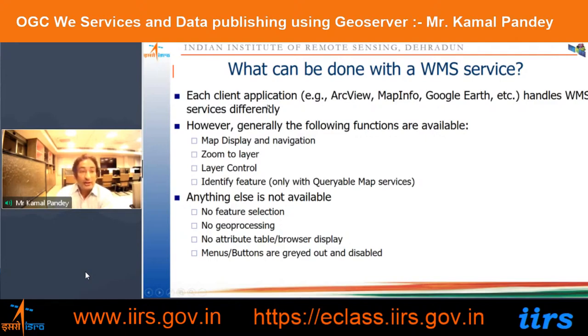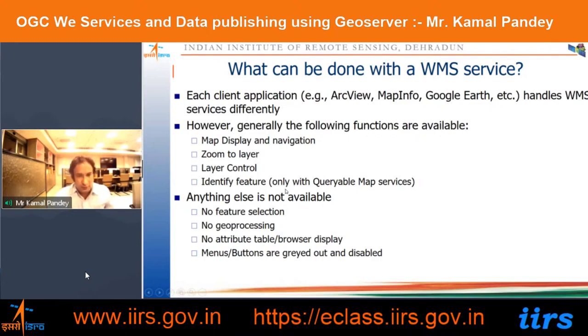Each client application like ArcView, ArcMap, Google Earth, etc. handles WMS services differently. So we have different kinds of software. QGIS has its own mechanism of handling the WMS service. However, the following functions are available: map display, navigation, zoom to layer, layer control, identify feature.